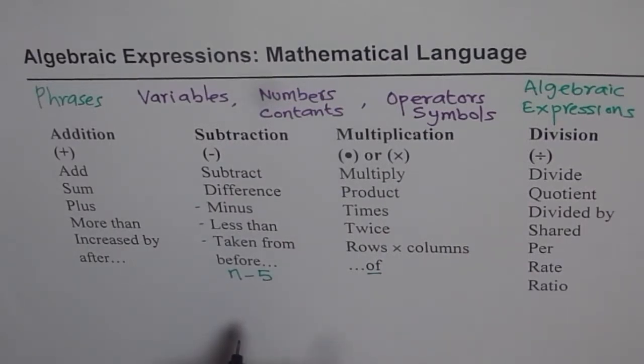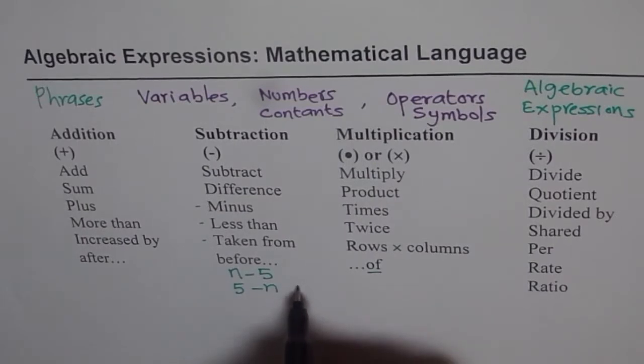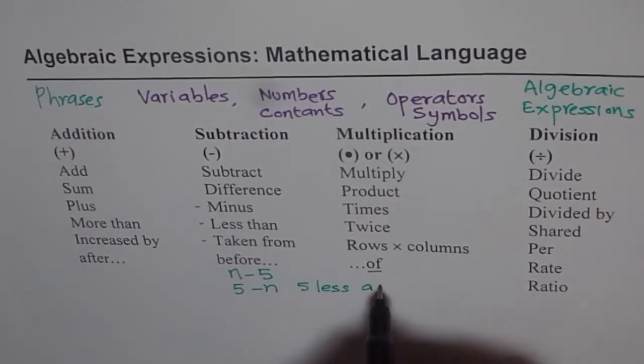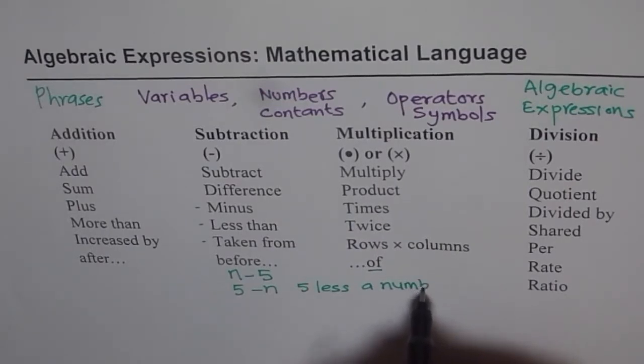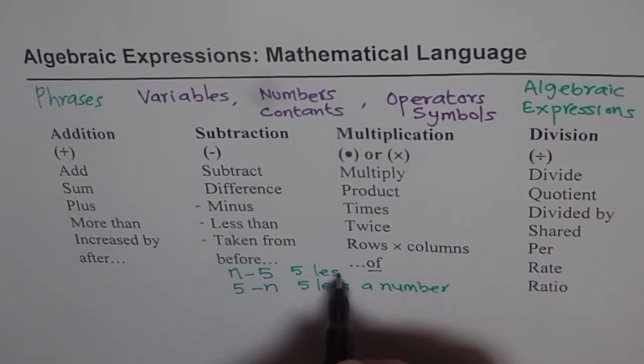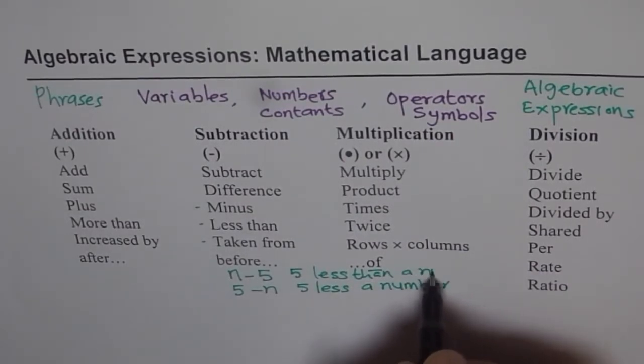Do you see that? When I say 5 less a number, then it is 5 minus n. This is 5 less a number. And this is 5 less than a number.